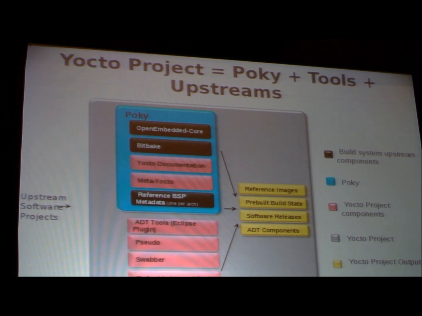There's also the ADT tools, as I mentioned, Swabber and Sudo, and the kernel tools. Those go together to create the reference images, with the pre-built reference images. We also have build state, and you can create software releases from that. So that's the output of what the Yocto Project does.